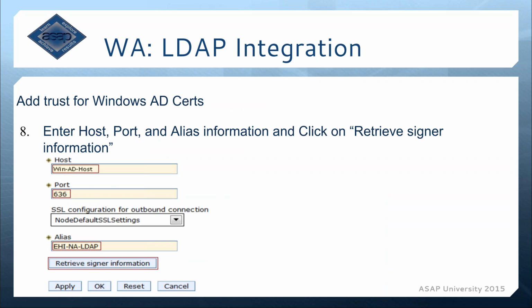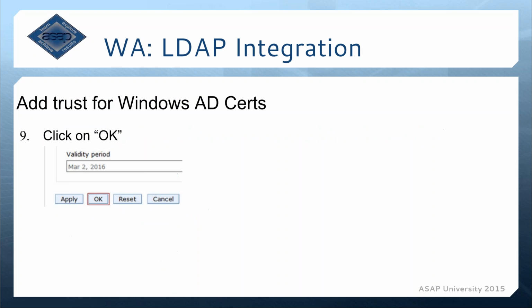And for us, encrypted communication goes across port 636. Your environment may be different. You then provide an alias for that. We just call it EHI-NA for North America-LDAP. And then you click on Retrieve Signer Information.